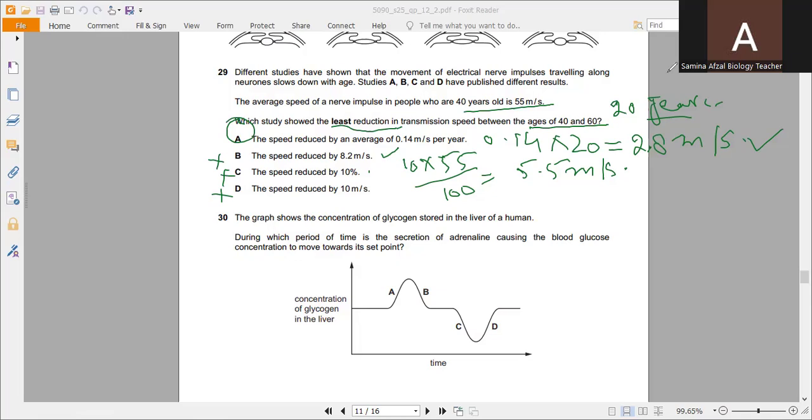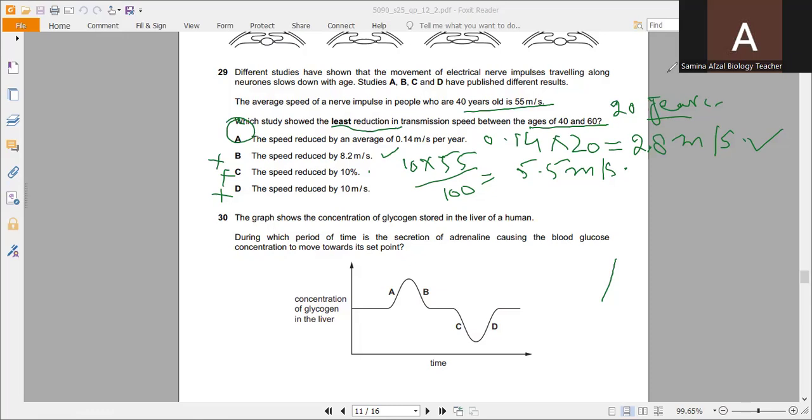Next question: the graph shows the concentration of glucose stored in the liver of a human. During which period of time is the secretion of adrenaline causing the blood glucose concentration to move towards its set point? First, I would like to discuss what adrenaline does.